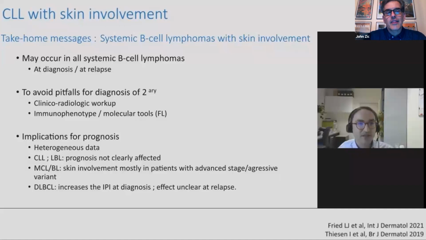But I will say that most of the cutaneous B-cell lymphomas are a surprise to the dermatologist that did the biopsy. It's good to know that there are a lot of people doing research on both the cutaneous B-cell lymphomas and the cutaneous T-cell lymphomas so that we can provide the right care to the right patient at the right time.